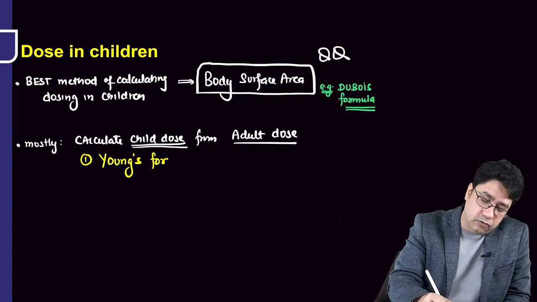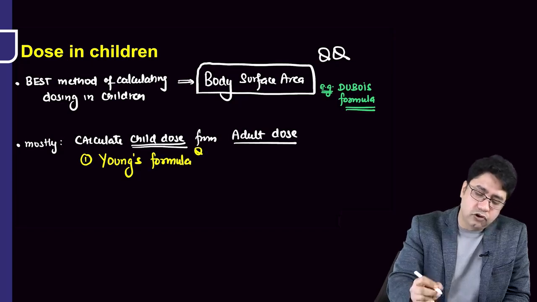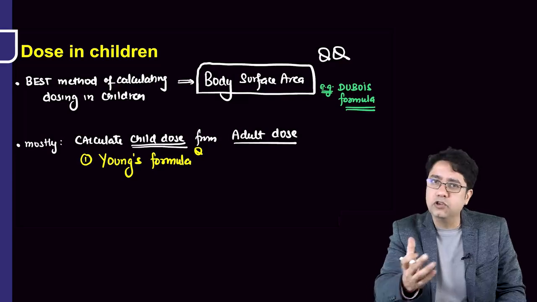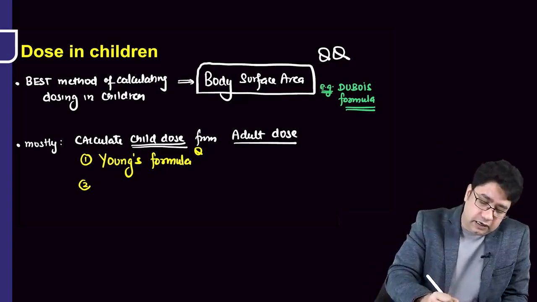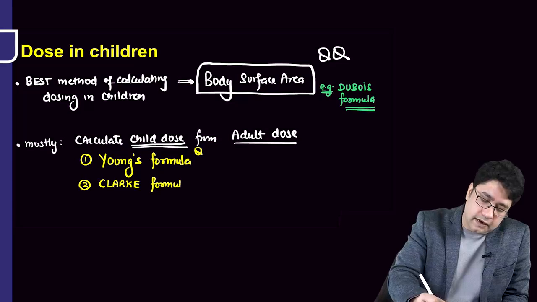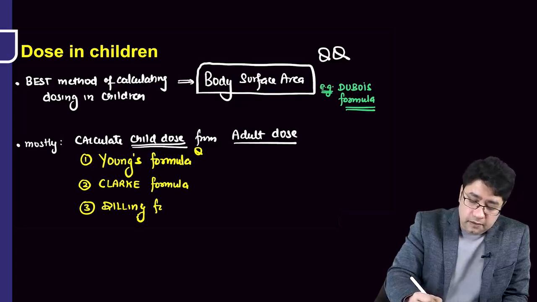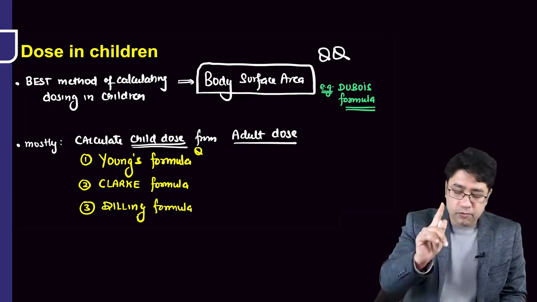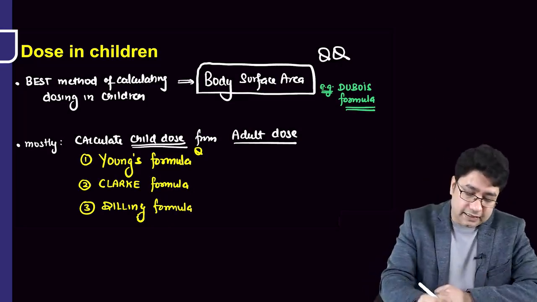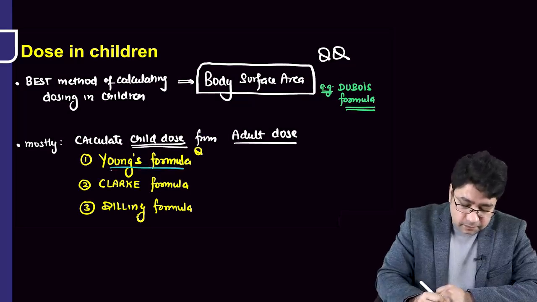And this Young's formula is asked. So you know children are young people. So Young's formula. Other formulas are Clark's formula and Dilling's formula. Now, you just have to remember the names, and only one formula you have to remember. That is this Young's formula.